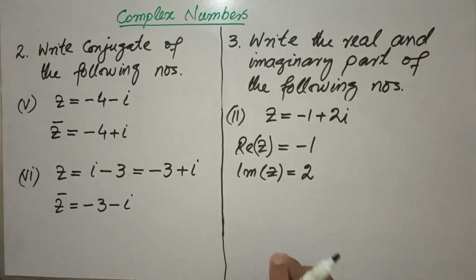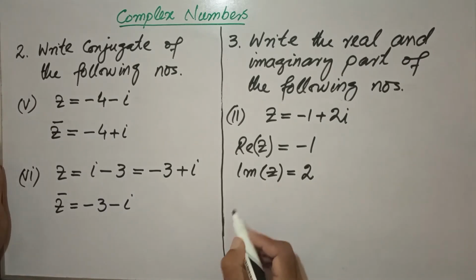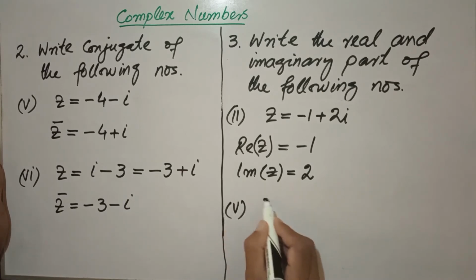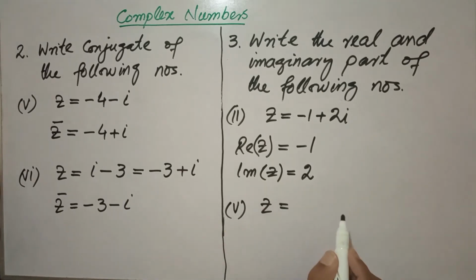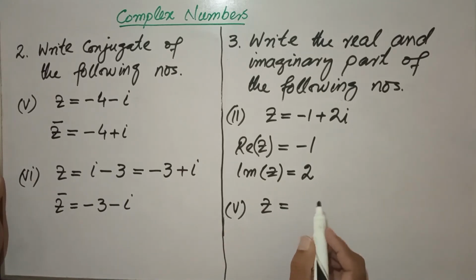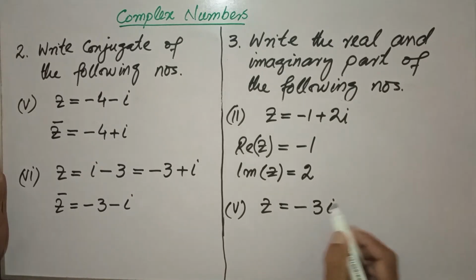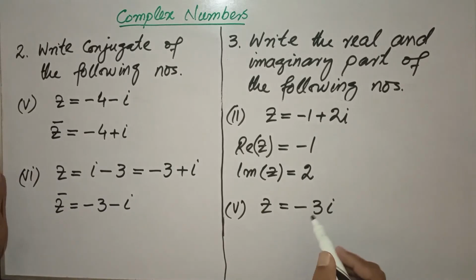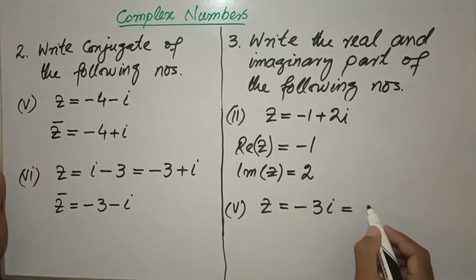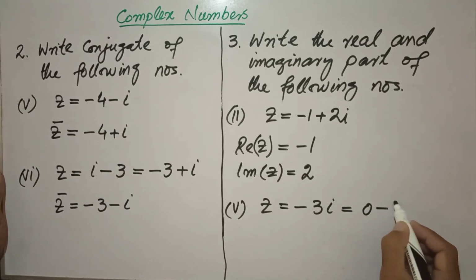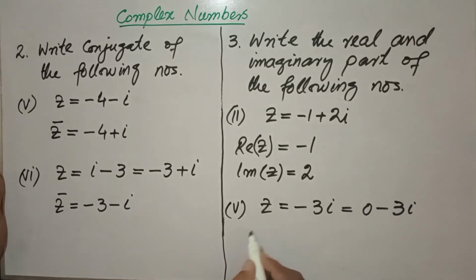Similarly, if I solve one more question, that is part 5, z is equal to -3 iota. This can be written, we see that there is no real part, so we can write it as 0 minus 3 iota.